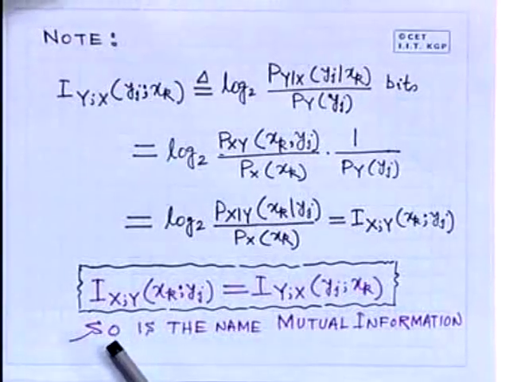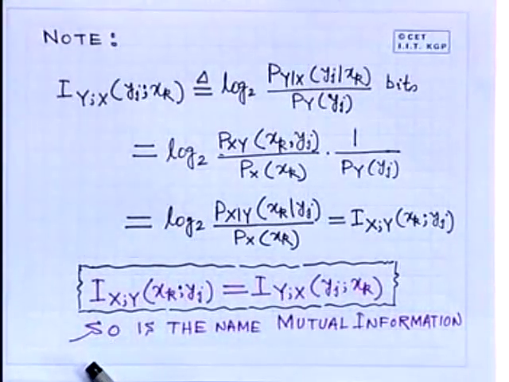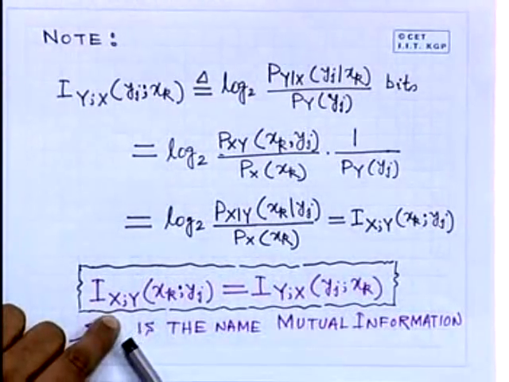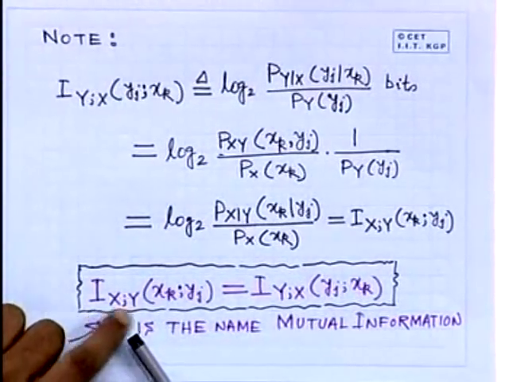So in this context, with respect to this basic definition of mutual information, it is easy to see, and you can read it yourself, that we defined I of x semicolon y. We preferred to write x first, y next, somewhat arbitrarily.